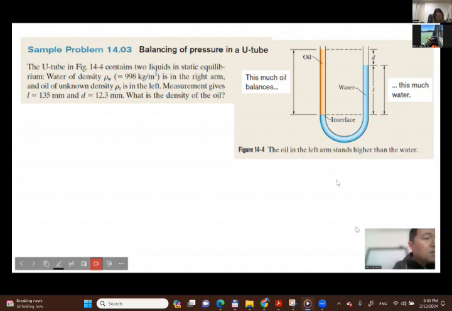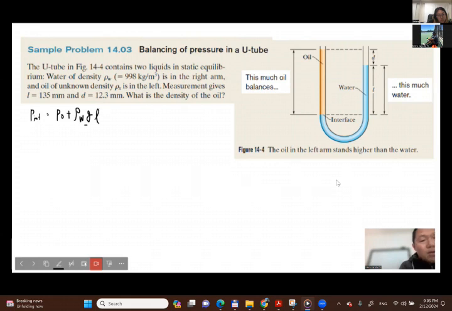Now the pressure in both liquids in this U-shaped tube is balanced in equilibrium. So the pressure on the right should be P naught, which is the reference pressure, plus rho w, water, times g.